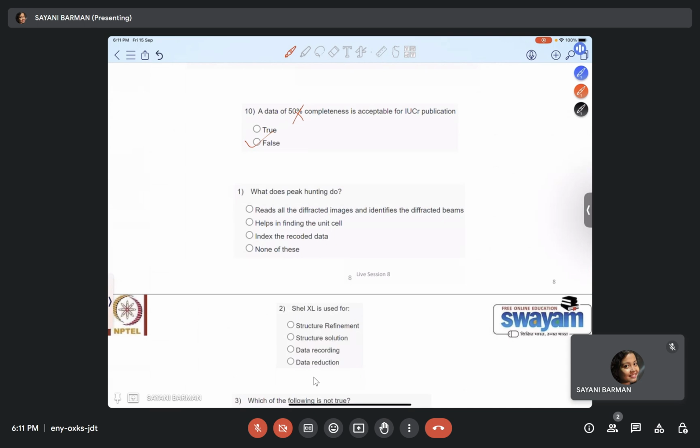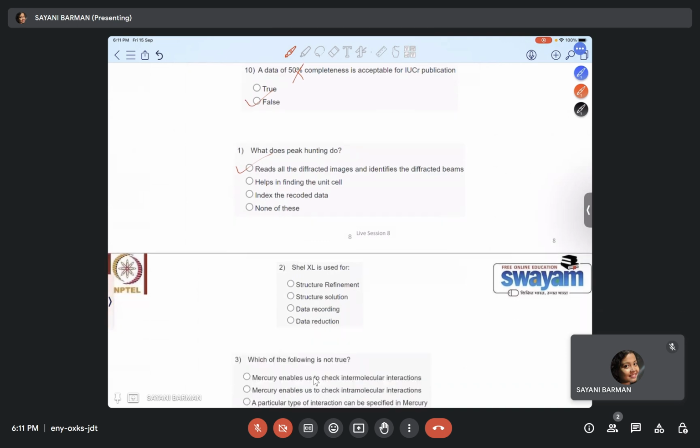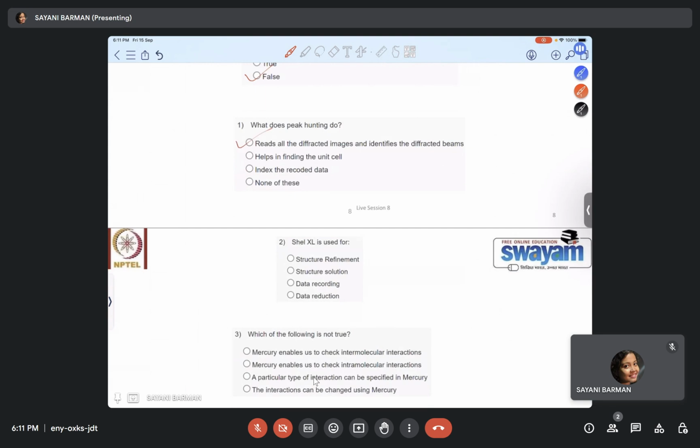So peak hunting helps us to detect the actual diffracted images and identifies the diffracted beams. Now the next one is SHELXL, which is for structure refinement. For structure solution, we use SHELXS or XT.